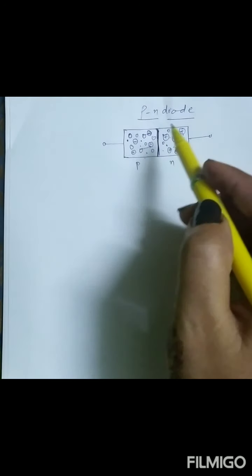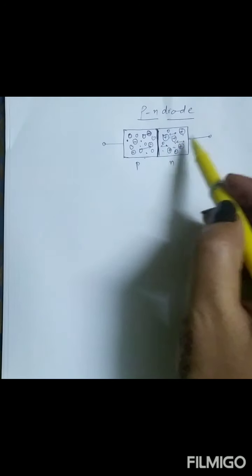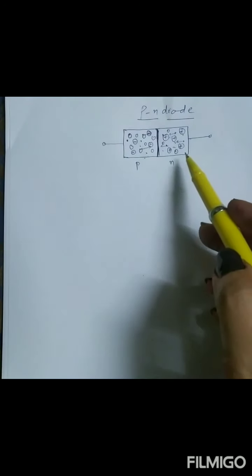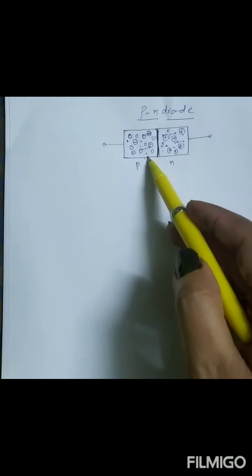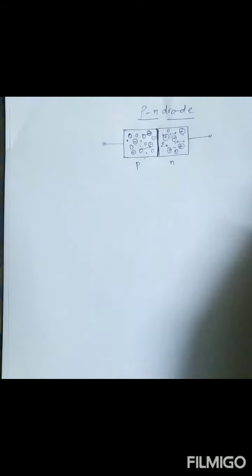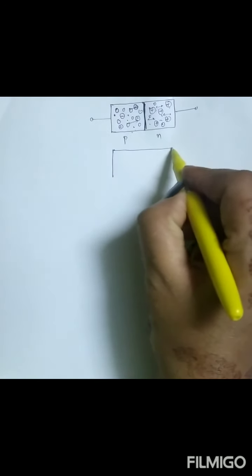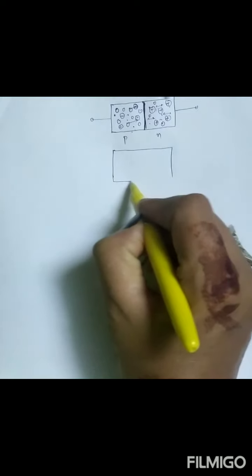Why will that movement start? Because of diffusion. Diffusion means they flow from the place where their concentration is high to the place where their concentration is low. So diffusion starts. But while diffusing from one side to the other, what happens? Holes can cross the junction.